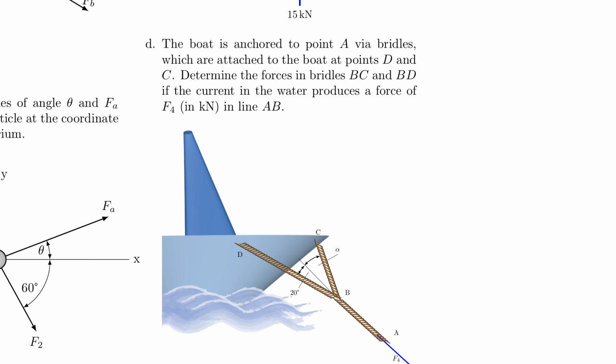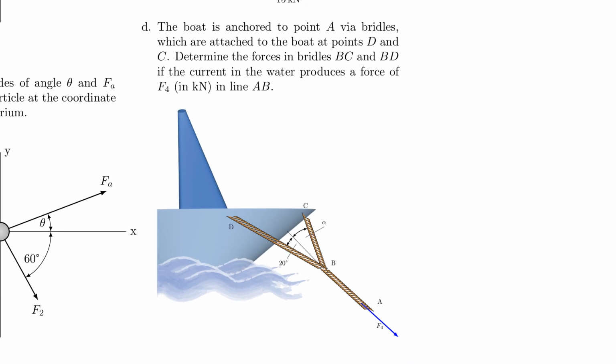And therefore, you can calculate what the forces are in BC and BD. And please understand that this is actually a planar system. So don't get confused by this seemingly 3D picture, right? Obviously it's attached to the boat in different locations and it's like somewhere random in space. However, A, B, C, and D are all acting in the same plane. So you can definitely solve this problem.